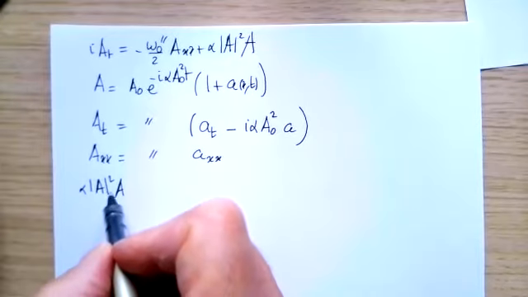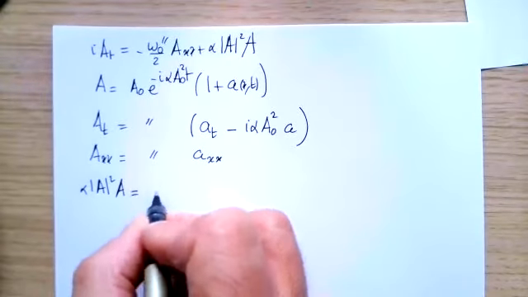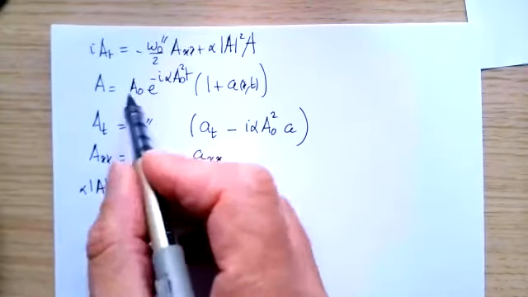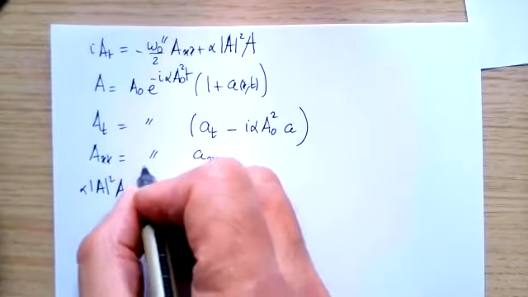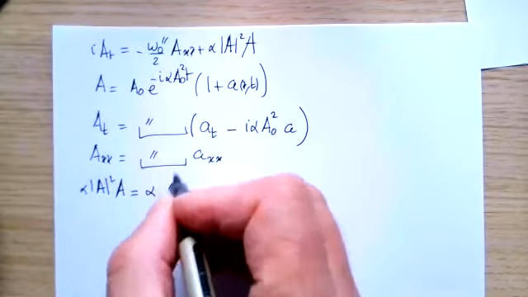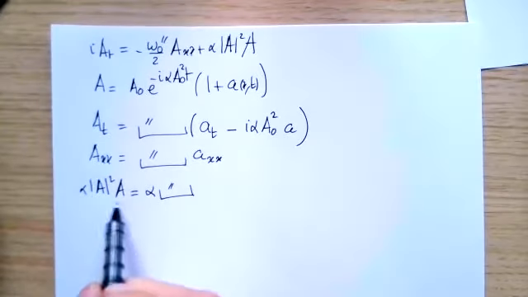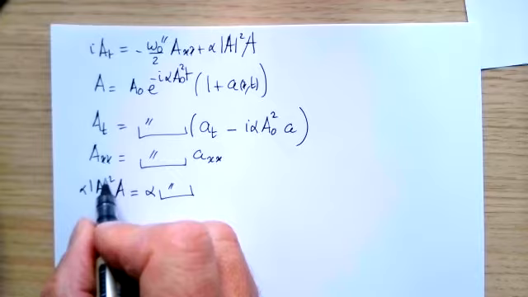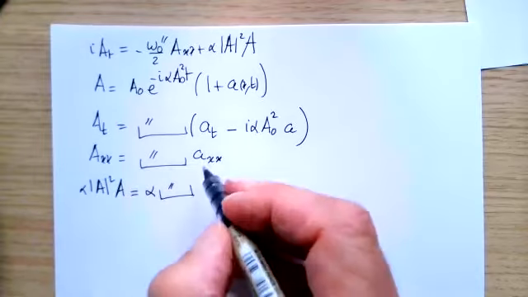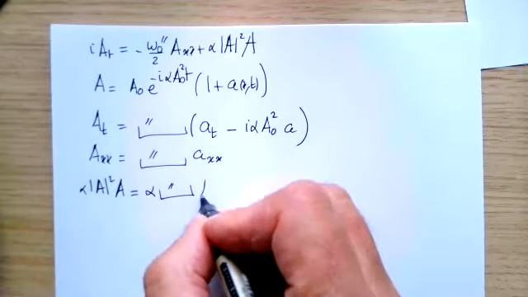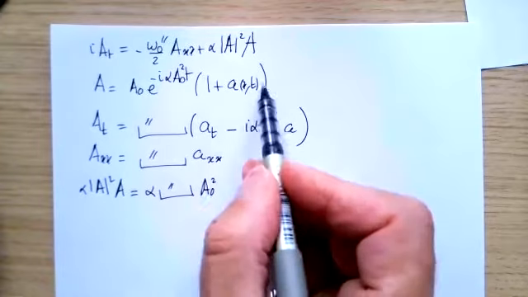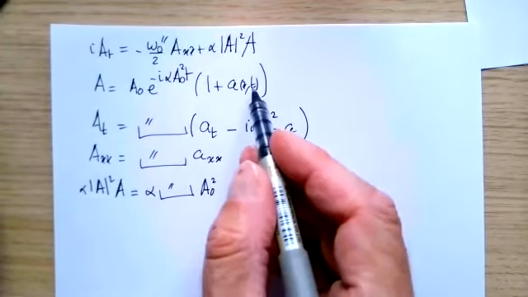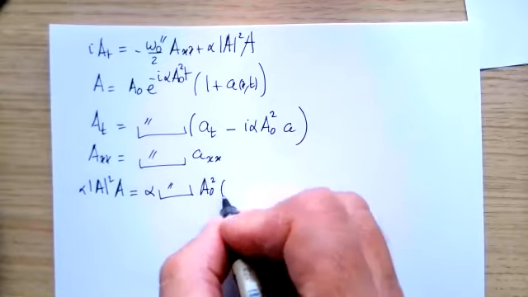And now one has to check for alpha modulus of A squared times A. So it's alpha A, which is here, again the same guy here. And remains modulus of A squared. So that gives A naught square, modulus of this guy, where it's this guy times its complex conjugate.